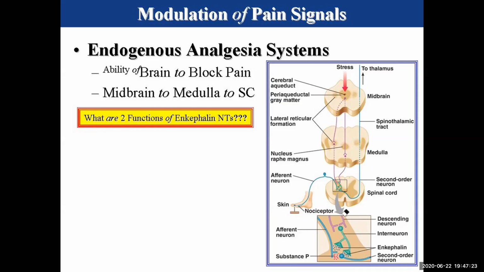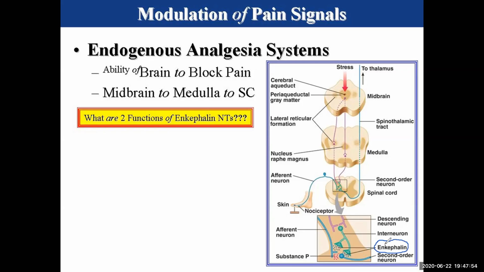The descending neuron will release neurotransmitter activating the interneuron, right? And what is important here is, even though it's not shown, the neurotransmitter from the descending neuron will basically induce the interneuron to fire action potential, inducing release of a novel neurotransmitter called enkephalin.